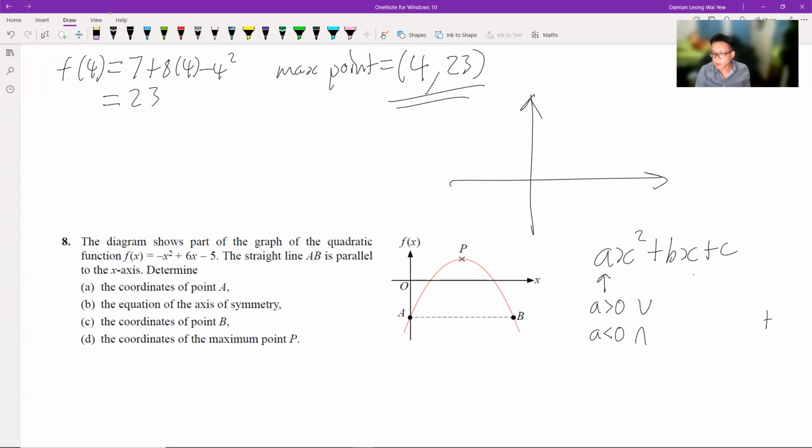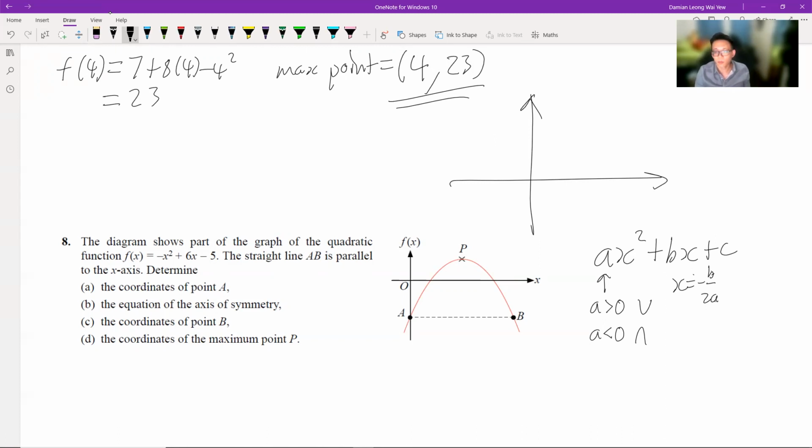So rather than doing that, you might as well just remember your axis of symmetry is always negative b over 2a. So how does this work? Basically, if this is positive, then it will be on the negative side. If one is positive, one is negative, then you'll be on the positive side.